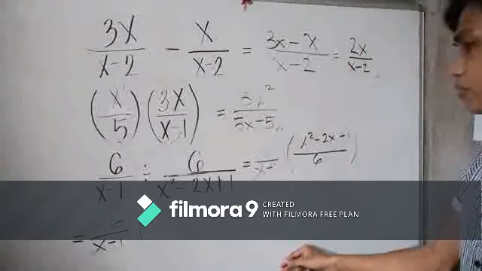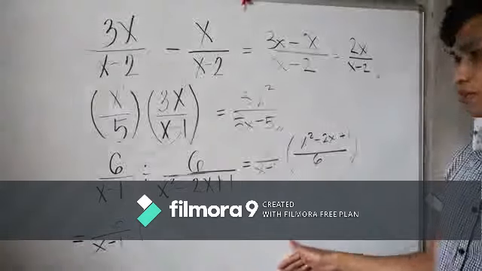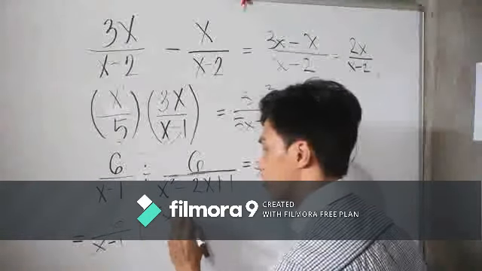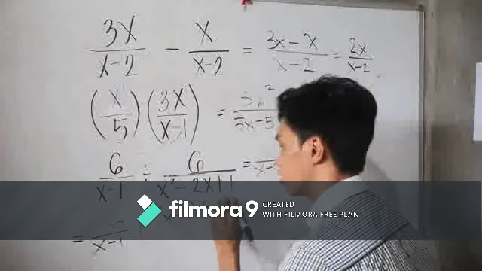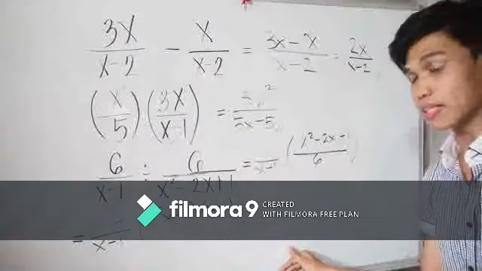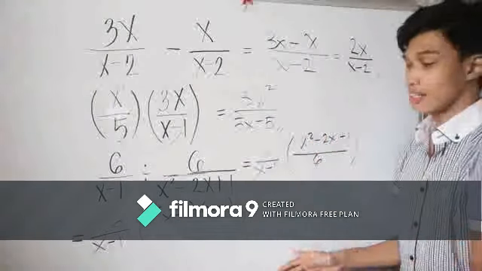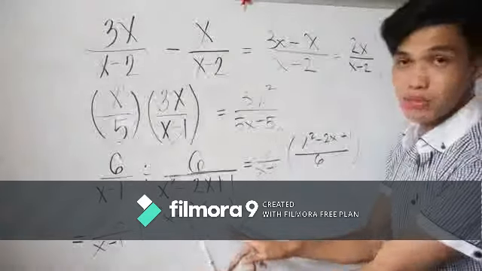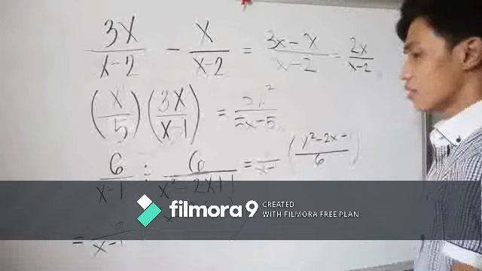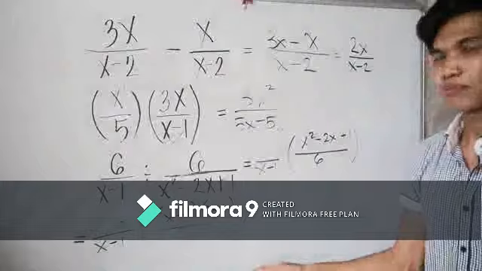The factors of x squared minus 2x plus 1 would be x minus 1 and x minus 1, because if you multiply those two binomials, the answer must be this trinomial. As you can see, we have the same binomial because this is the square of a binomial. Okay, that will be over 6.